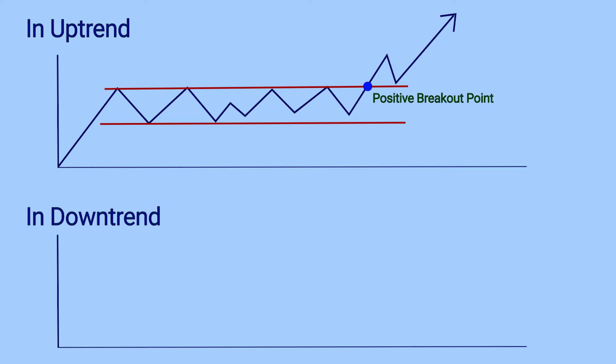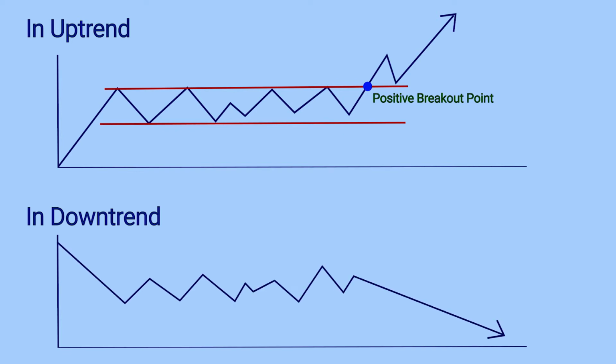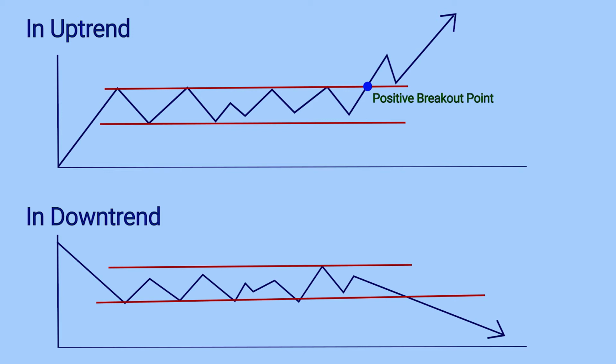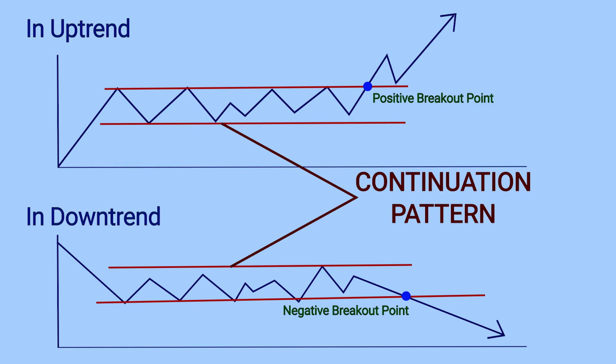Similarly, in a downtrend, after a certain bit of down move, if there is a consolidation and eventually the selling pressure becomes bigger than the buying pressure, the erstwhile down move resumes. So those consolidations during the up move and the down move are called continuation patterns.